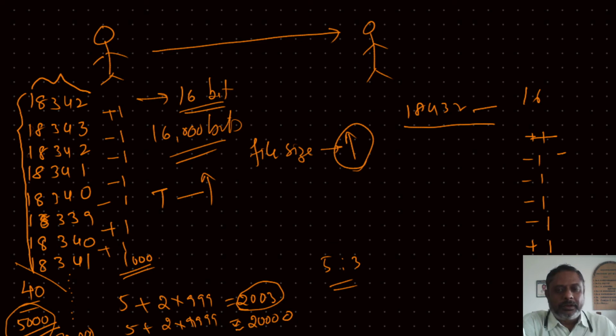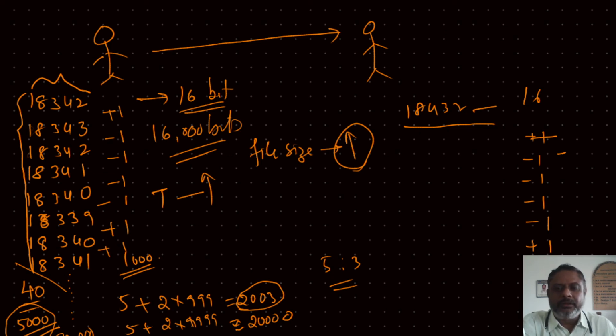So you need just 999 bits plus 16, so somewhere 1000 plus bits. So if it is 10,000, then instead of 160,000, it becomes just around 10,000 bits.